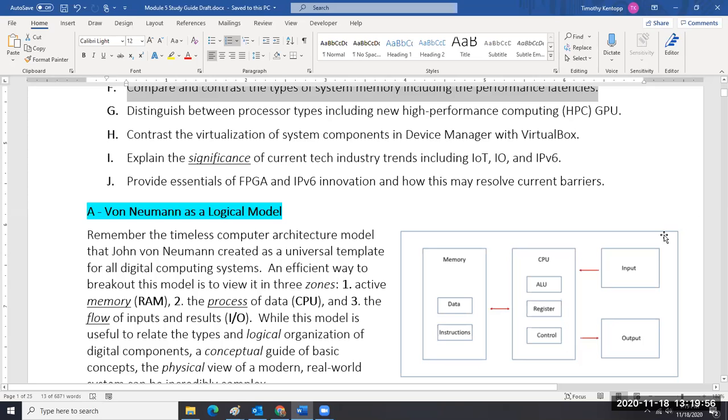Remember that the South Bridge is slower than the North Bridge, that the CPU and memory, RAM memory, random access memory, volatile memory, is located on the North Bridge, and you could have a graphics processor, like an NVIDIA graphics card with a highly specialized graphics processing unit that can be used for very high rates of floating point calculations that are great for gaming graphics or for high performance computing.